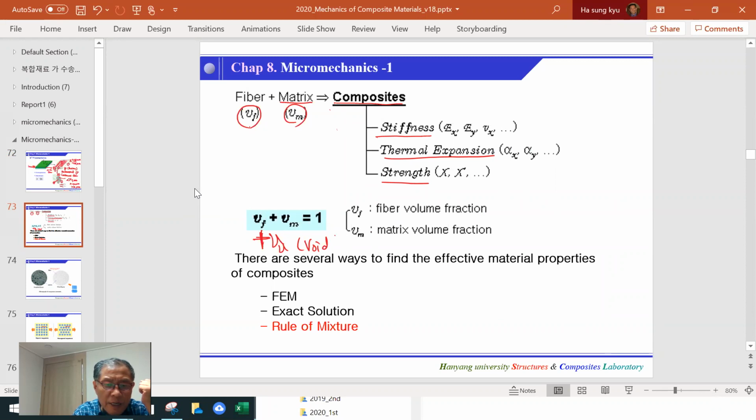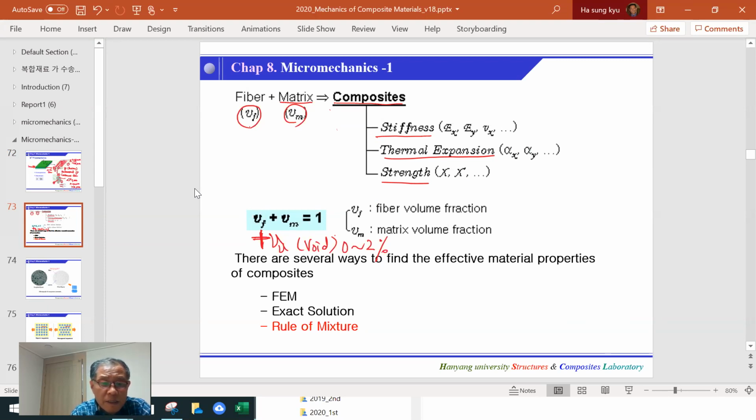If we neglect void, the composite consists of only fiber and matrix, but there will be some void, from 0 to, I would say, some can reach 2%.